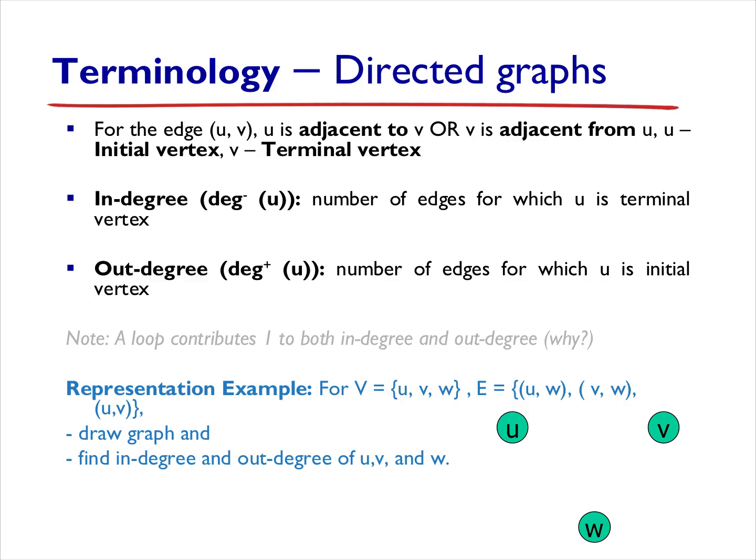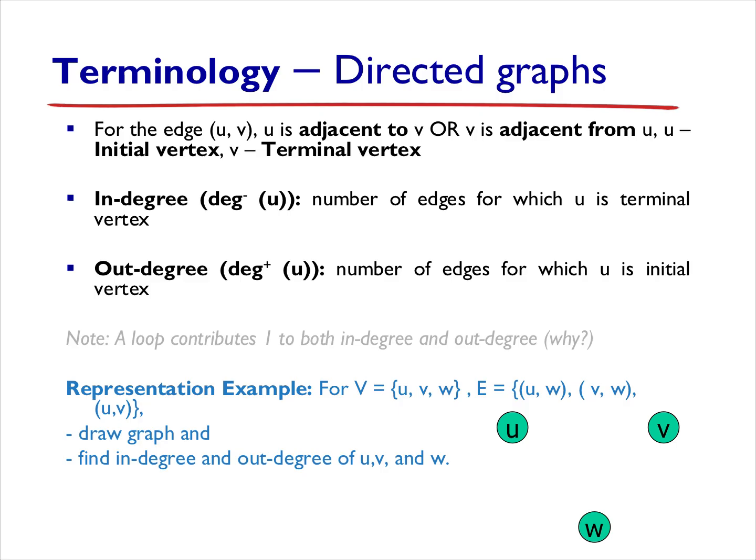Remember in the undirected case, we just said that U and V are adjacent. We didn't say adjacent to or adjacent from. Here, you have to specify. So for the directed edge from U to V, U is adjacent to V, or V is adjacent from U. You start from U, you go to V. If it was the other way, then you flip this: V is adjacent to U, or U is adjacent from V.